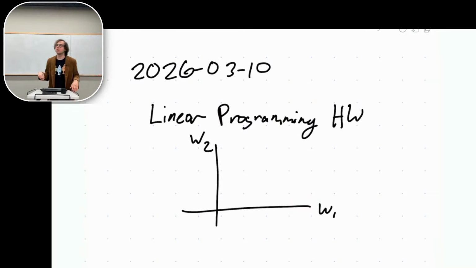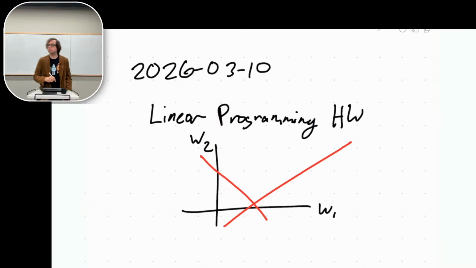And I'm saying things like, create a constraint which looks like those lines. Or maybe it's the inside of a pentagon, or let's say it's the inside of a square.